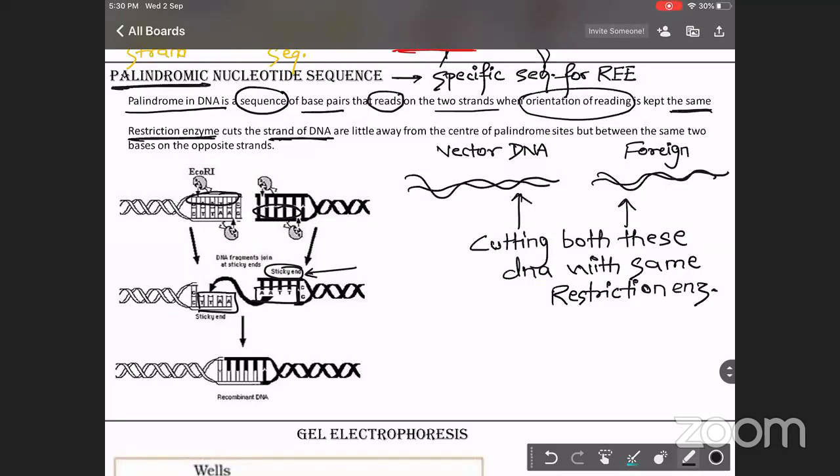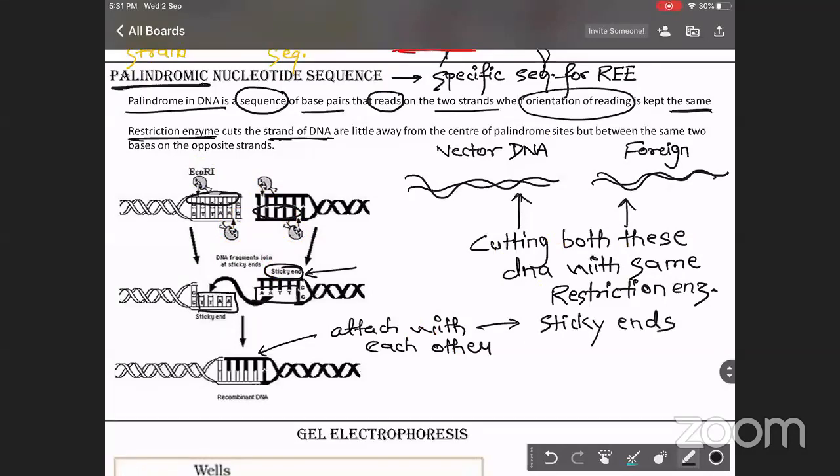And when we have the sticky ends, they are going to attach with each other. These sticky ends will facilitate the working of DNA ligase.